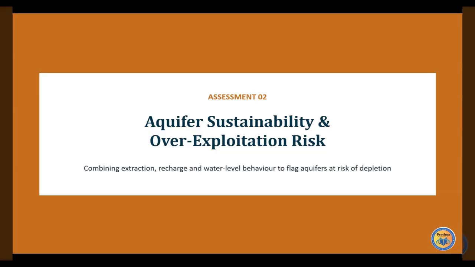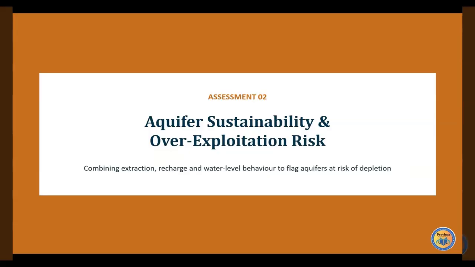Coming to the second assessment, which is aquifer sustainability and over exploitation risk. We will talk about this. The purpose here is to flag the aquifers, or really the assessment units, where extraction is outpacing recharge. Now, this is the question behind India's whole groundwater regulatory framework.